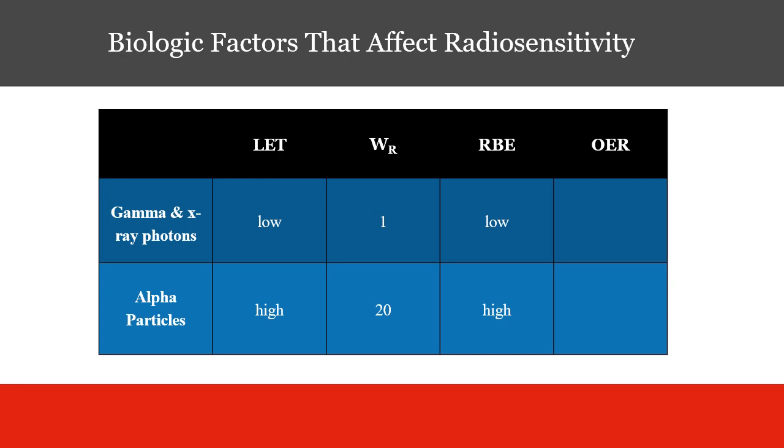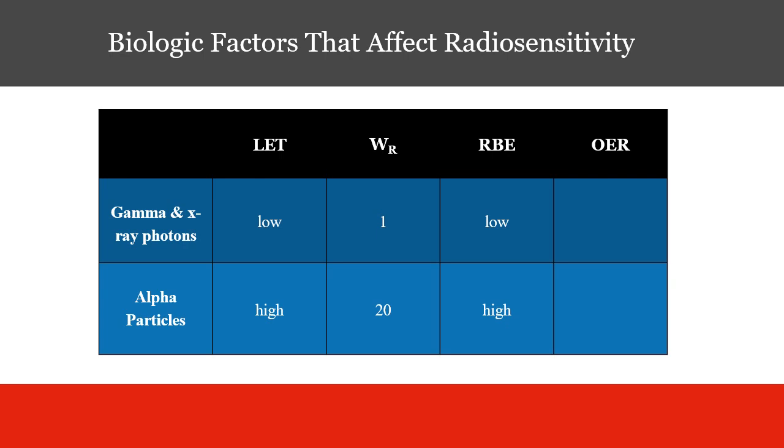This is the chart we looked at earlier with regard to radiosensitivity with LET, WR, and RBE, where we had completed the chart for gamma, X-rays, and alpha particles. Notice again that LET stands for absorption, RBE stands for damage. OER talks about the rate for oxygen enhancement. So thinking about gamma and X-rays versus alpha particles, which one doesn't care if oxygen is present?